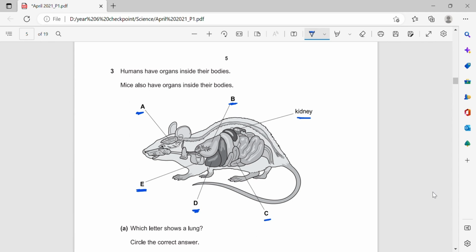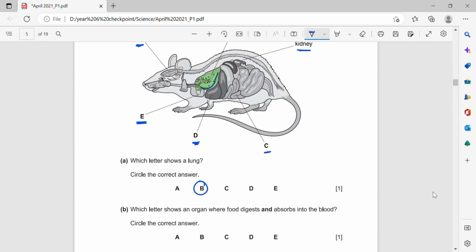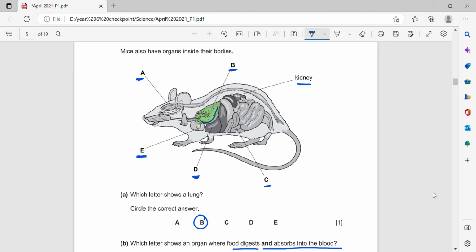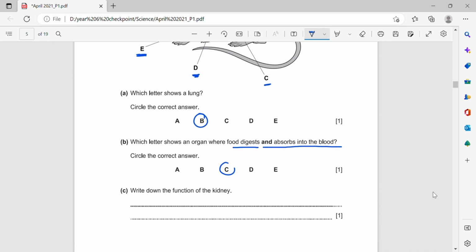Great, actually this is the lung. This part is the lung. يبقى letter A, letter B. Which letter shows an organ where food digests and absorbs into the blood? Where does food digestion happen and absorption also takes place? Which letter? This happens actually in the small intestine. Where is the small intestine? Is C. The letter C.